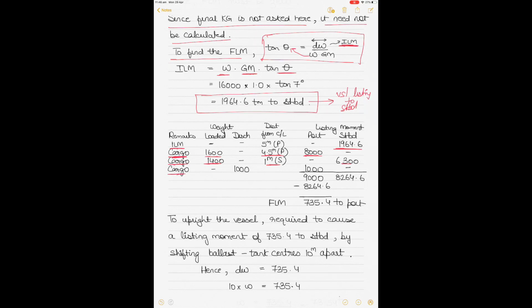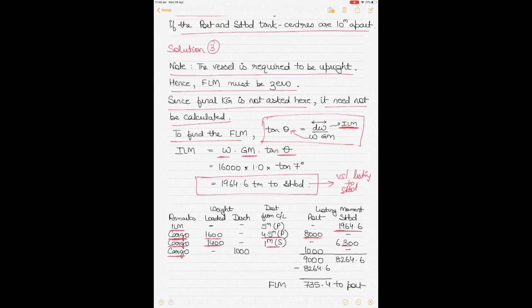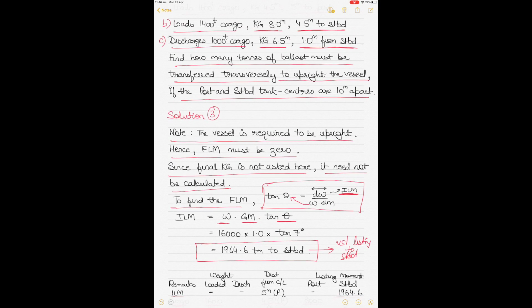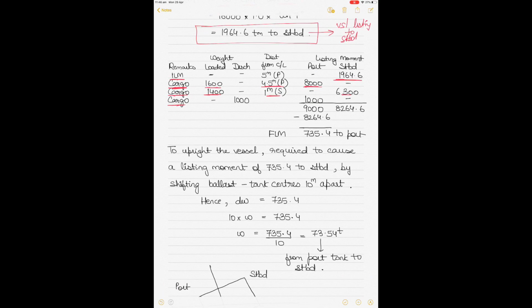And finally, you discharged 1000 tons, 1 meter from starboard. I have written it in the wrong order here, so it should be 5, 4.5 and 1 meter. This is the starboard side, and this is the port side.